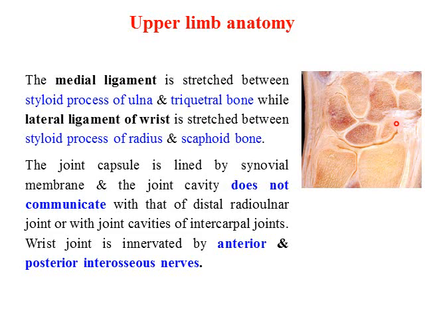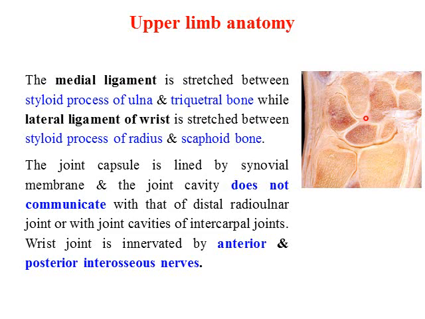The joint capsule is lined by a synovial membrane which does not communicate with the synovial membrane or with the joint cavity of the distal radioulnar joint. In addition to that, it does not communicate with the joint cavities of the intercarpal joints.